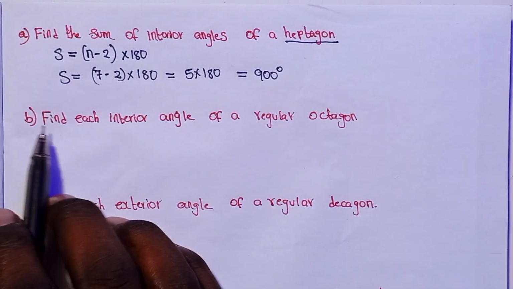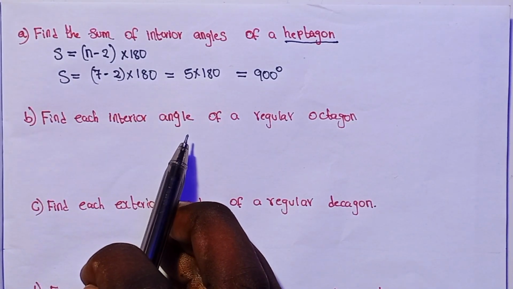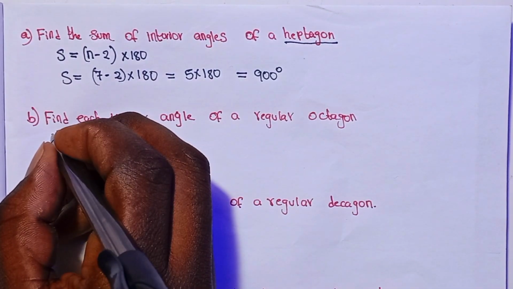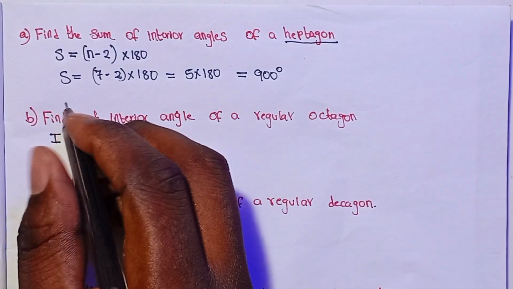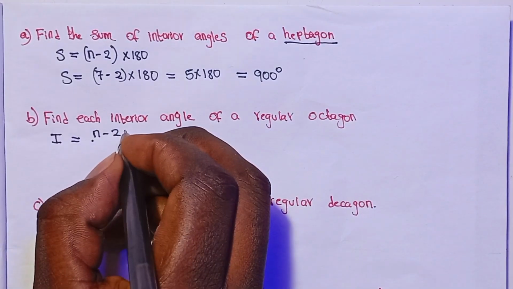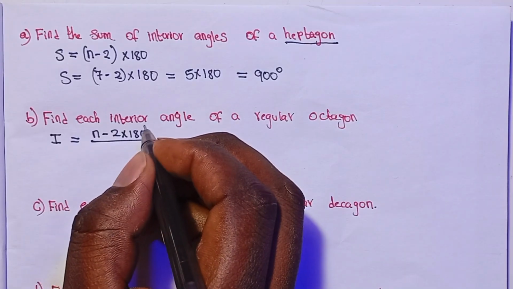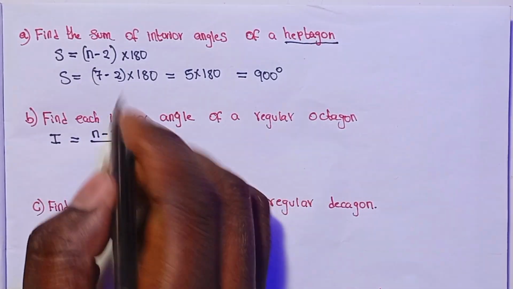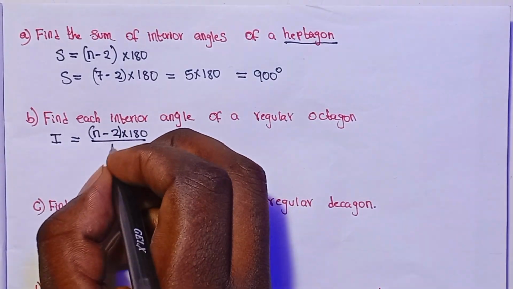The second question states: find each interior angle of a regular polygon. From the formula we saw, the interior angle of a regular polygon is given by n minus 2 times 180, which, as we remember, is the same as the sum of interior angles. This formula is basically this, with this part in brackets, then divided by n.